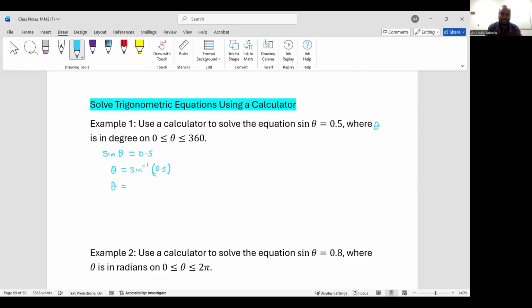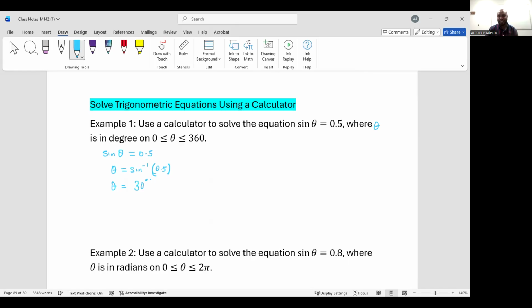If you go to your calculator and go to the second function, make sure your calculator is in degrees. I want to work in degrees. So if I go to sine inverse of 0.5, it's going to give me 30 degrees.